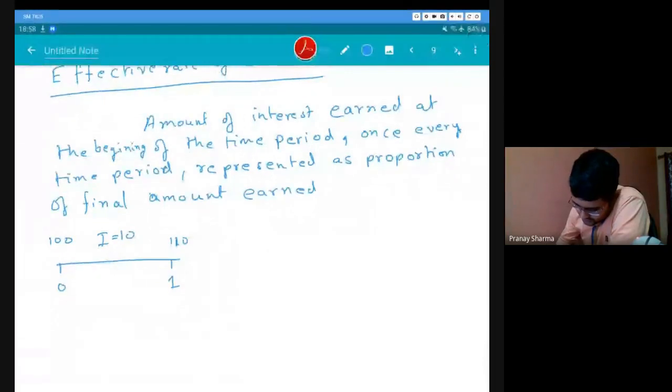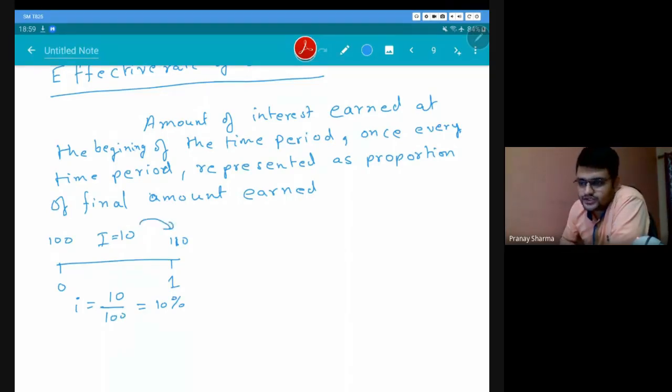So when we talk about rate of interest, we say interest earned, that was 10 rupees, divided by our initial amount, that was 100. That became our 10%. Now this interest was paid at the end of the year. So that was effective rate of interest, and I charged you that interest only once.